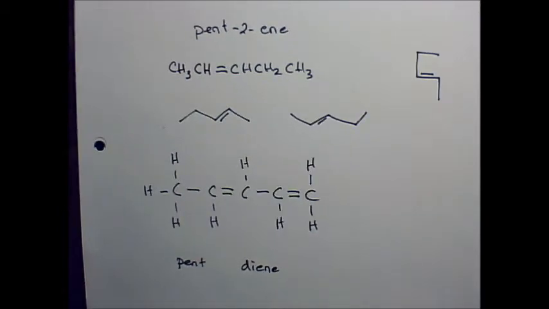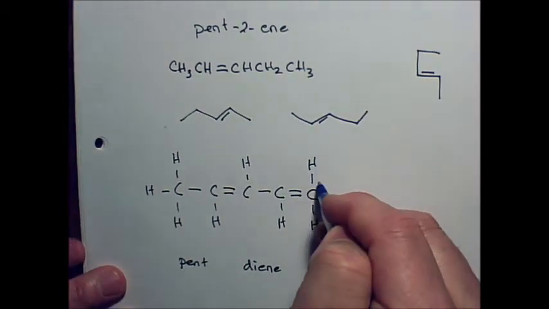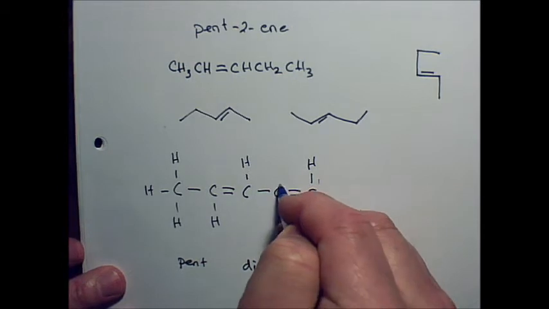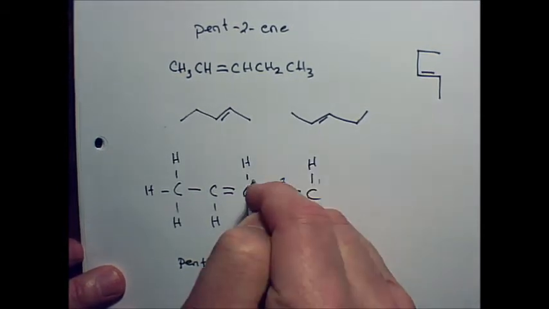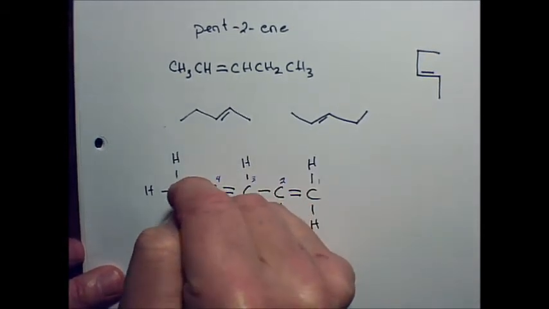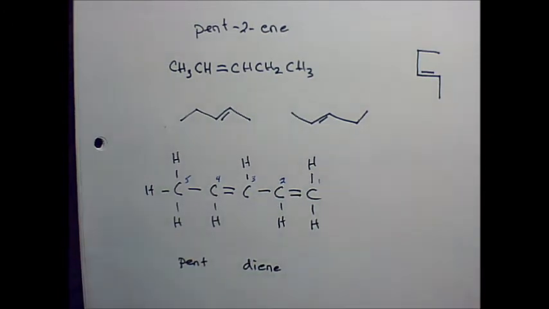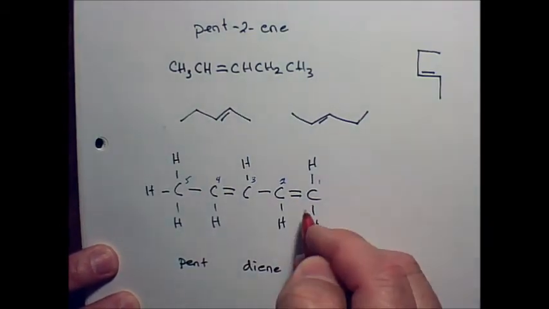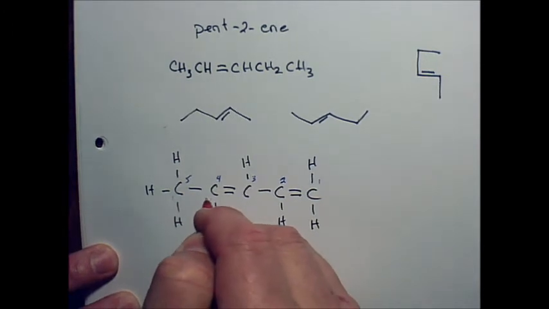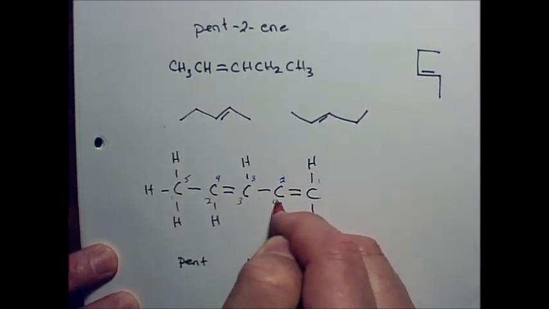Okay? All right, let's number it from the right to start with. If I number it from the right, we get 1, 2, 3, 4, 5. If I number it from the left, 1, 2, 3, 4, 5.